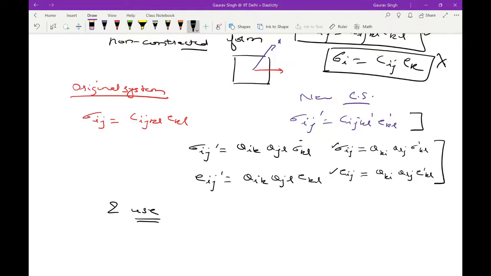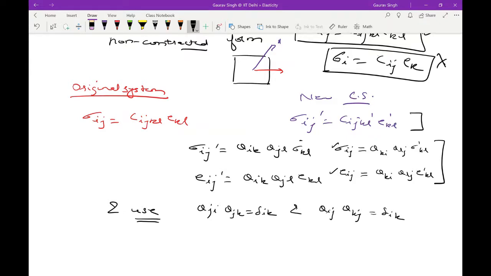If the transformations are orthogonal, which they are in our case, then they must have these properties: qji qjk is equal to delta ik and qij qkj is equal to delta ik.